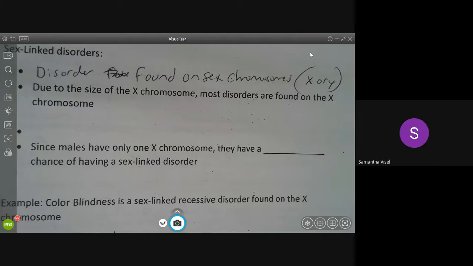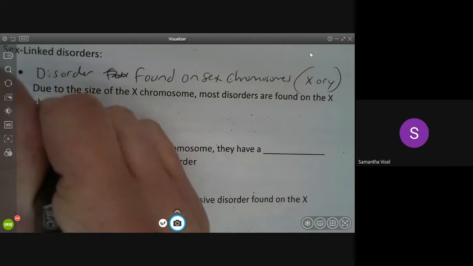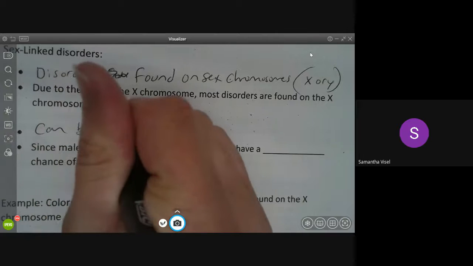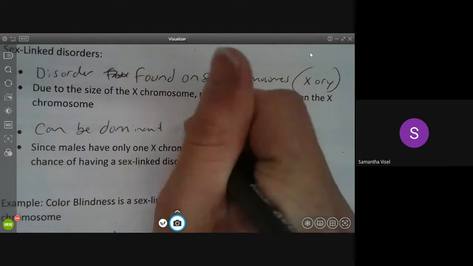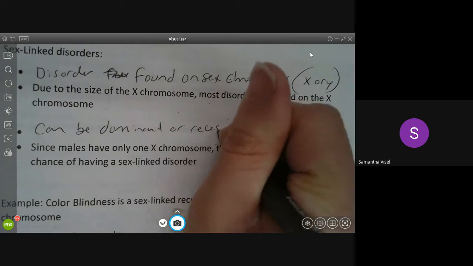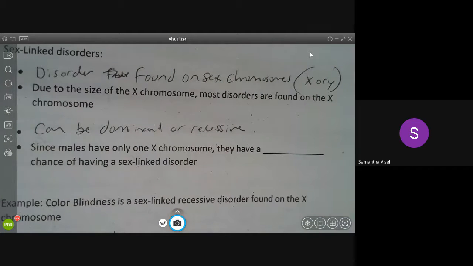And because of the size of the X chromosome, not all, but most genetic disorders happen to be found on the X chromosome. These sex-linked disorders can be dominant or recessive, just like our anemia and our white forelock that we traced.